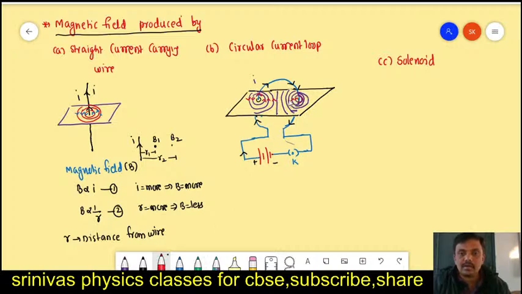This is the direction of the magnetic field pattern produced due to the circular current carrying wire.